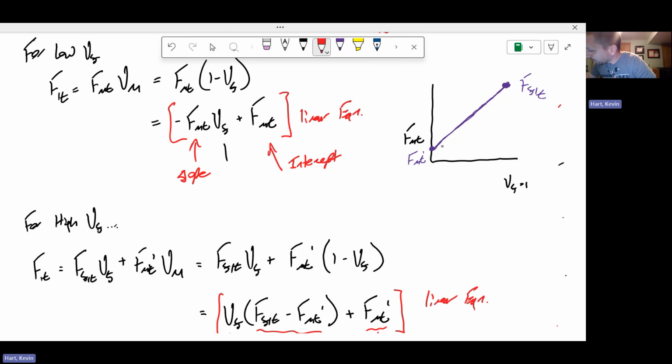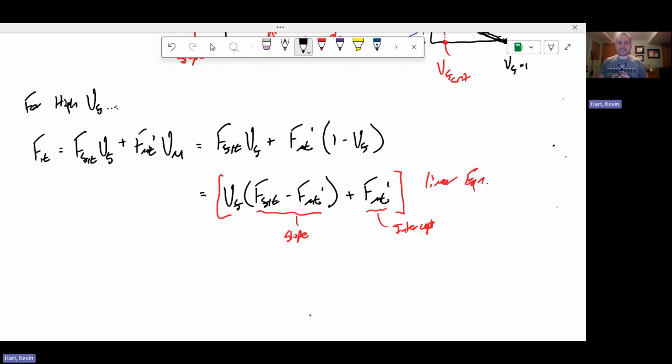Right here, the point where they touch each other, this is VF crit. It is the volume fraction that shifts the failure mode from one governed by low volume fraction to one governed by high volume fraction, right?